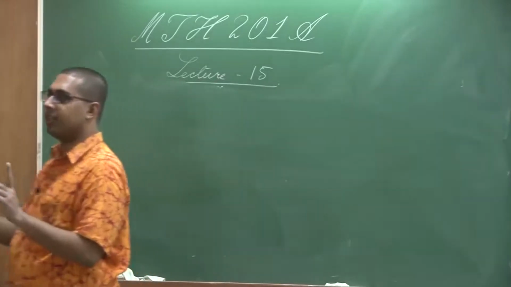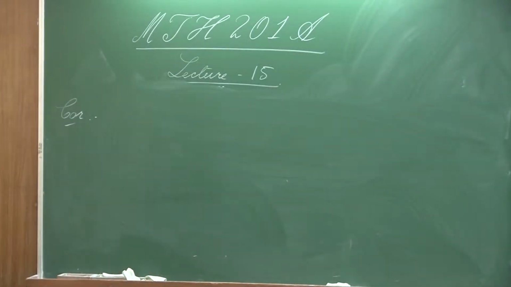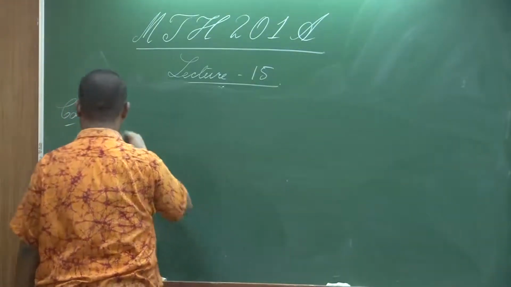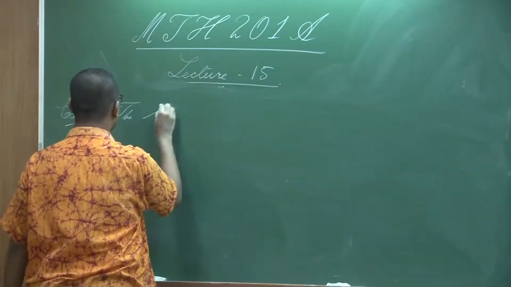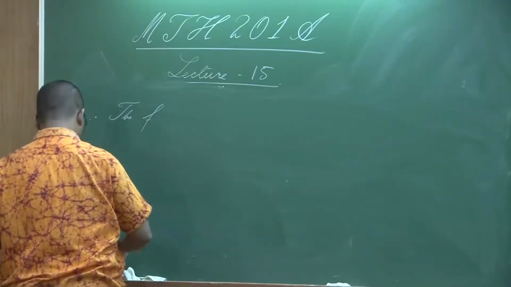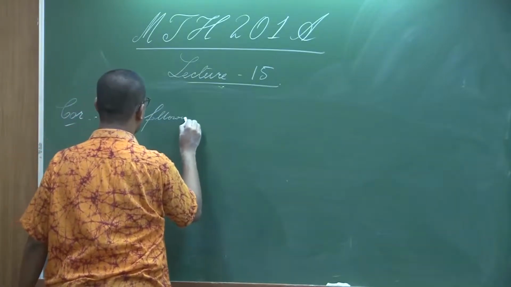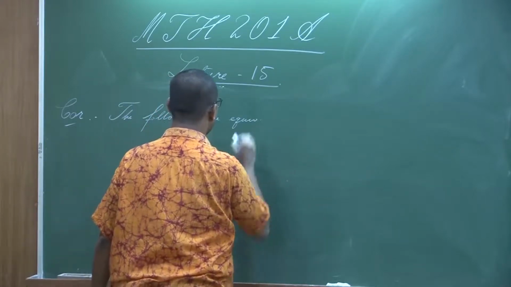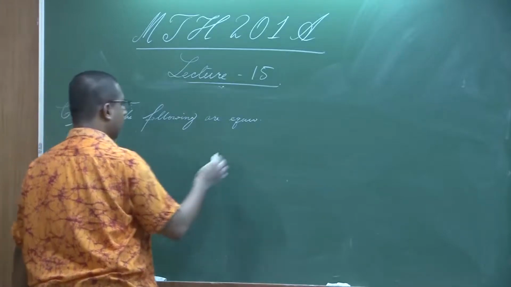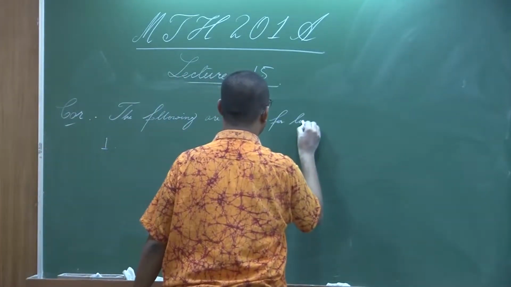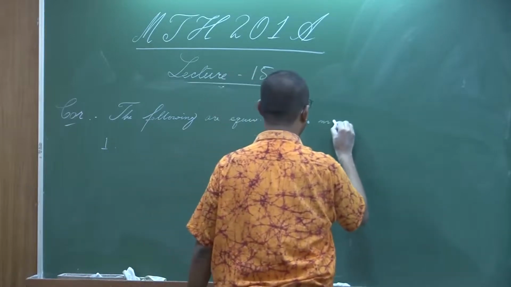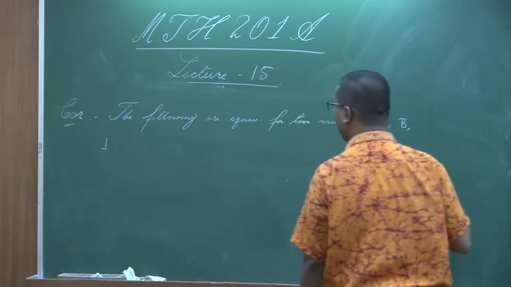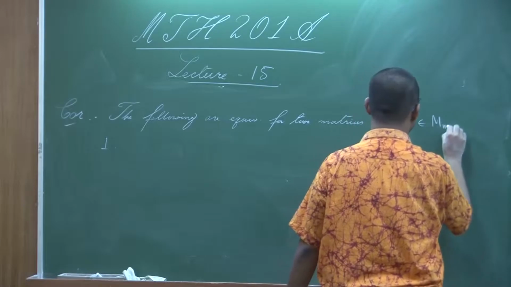Earlier we have seen that if two matrices are row equivalent... well, let me put it this way: the following are equivalent for two matrices A and B, maybe both having the same size.